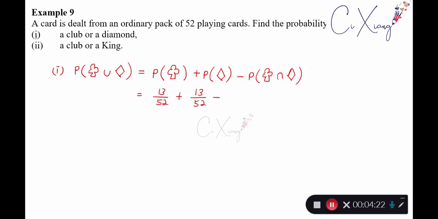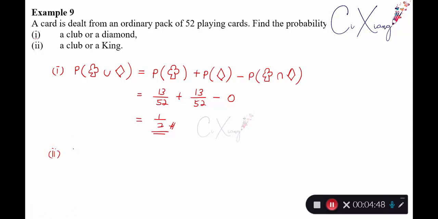There will not be any overlapping between the black suit and the red suit. Therefore, the intersection is actually 0. So when you simplify it, you will get the answer half. You'll see that when I answer the question, I'm still using the original addition rule.